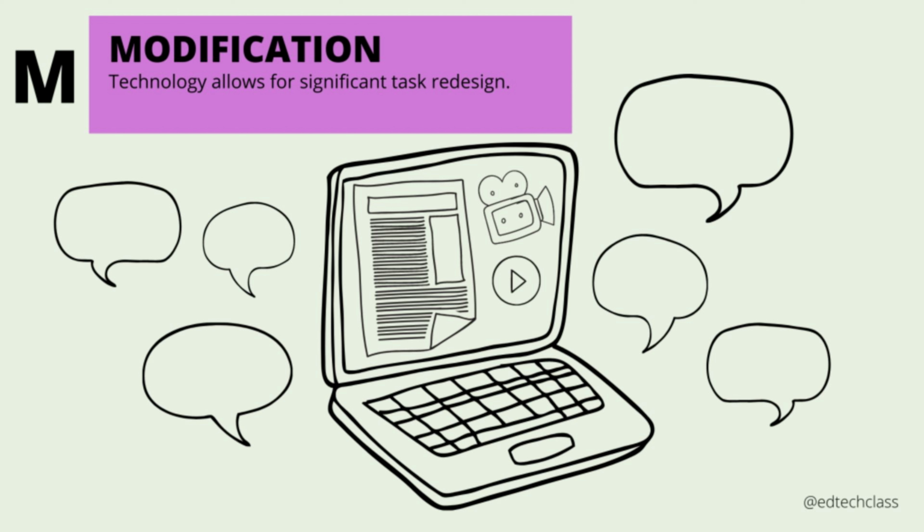Okay, the third one is modification. Technology allows for significant task redesign. Modification signifies a significant shift in the learning process. It empowers students to explore new ways of learning and demonstrating their understanding. This level encourages creativity, critical thinking, and problem solving, preparing students for the complex and rapidly evolving world beyond the classroom.